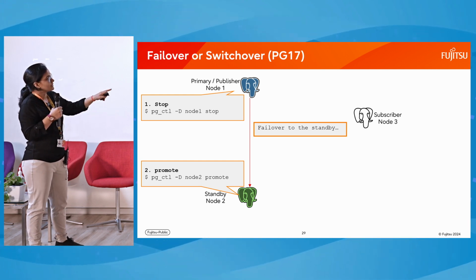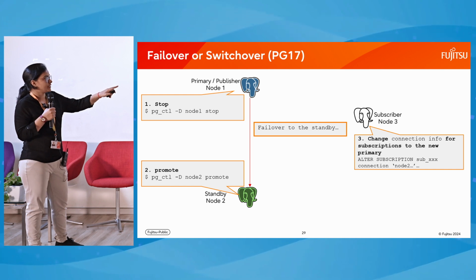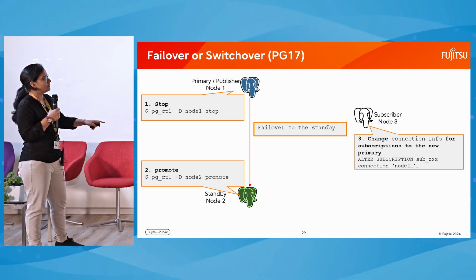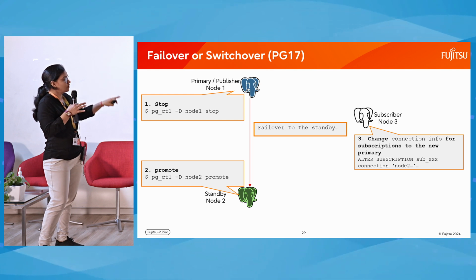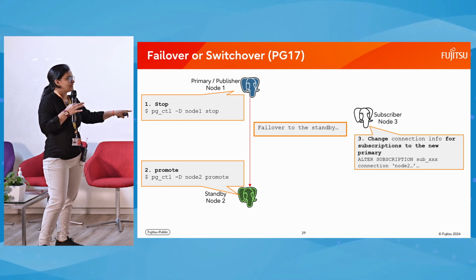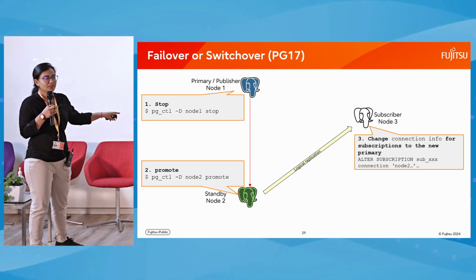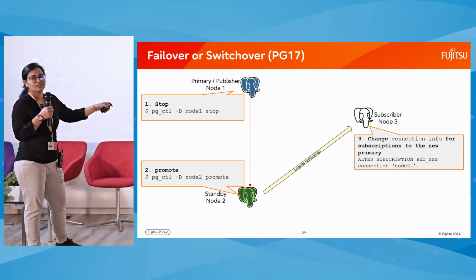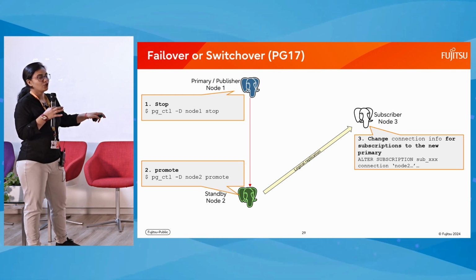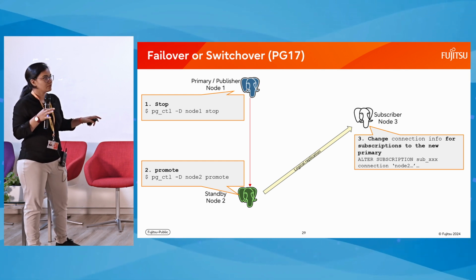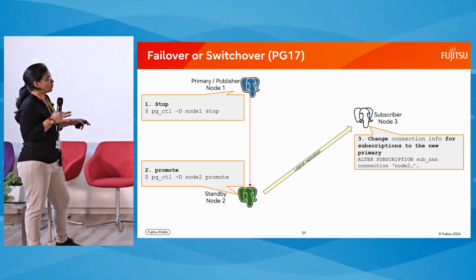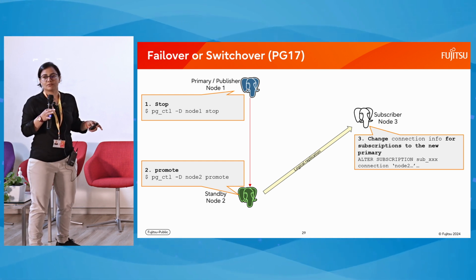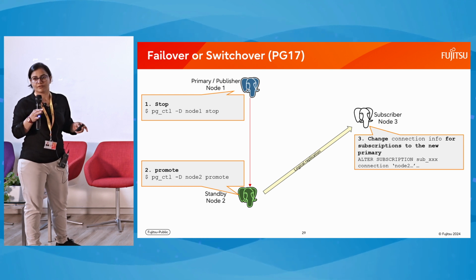Now to restart logical replication, node 3 has to follow only one step: change its connection information from node 1 to node 2. As soon as it changes its connection information, the logical replication will start. There is no need to recreate subscriptions or resync data. And that's how this feature can help in reducing the time in the failover process.